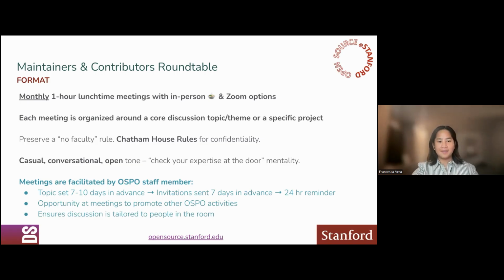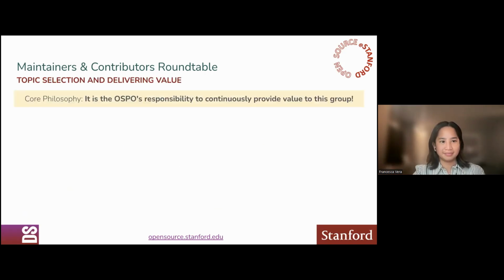And having the meeting facilitated by the external member, so the OSPO staff member, ensures that the discussion is tailored to the people in the room, and that all voices are welcome, rather than having specific 2-3 people just sidebar for an hour.